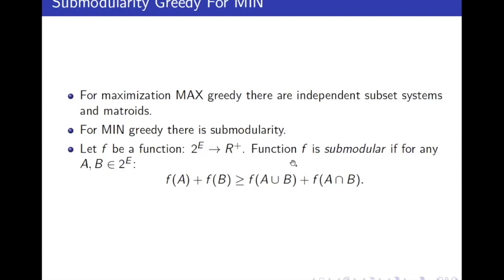Then we say function F is submodular if for any subsets A and B of E, which means they are elements of the power set, we have F of A plus F of B, now remember, it gives you a positive real number, which is greater than or equal to F of A union B plus F of A intersect B. So if this is satisfied, then this function is called submodular.